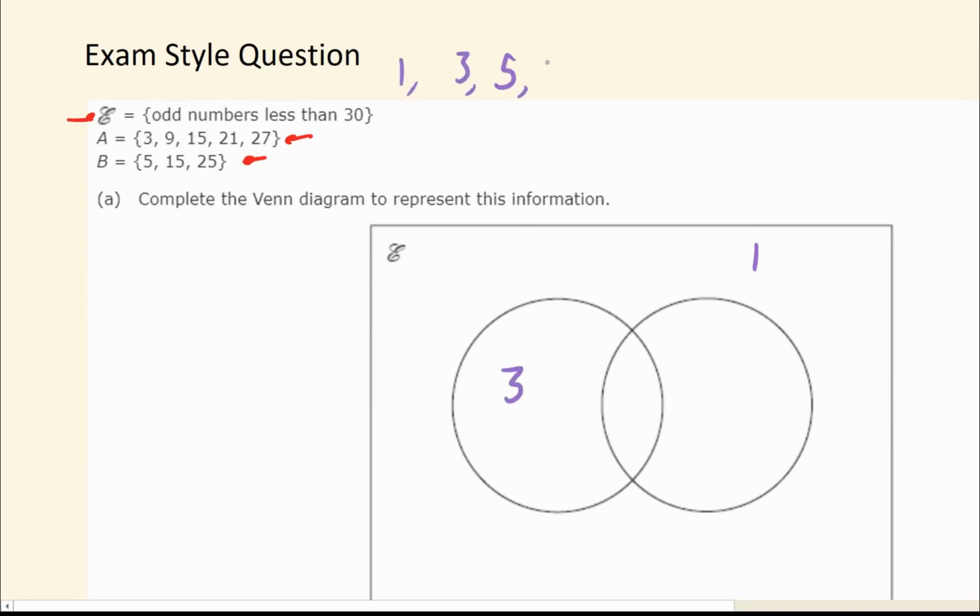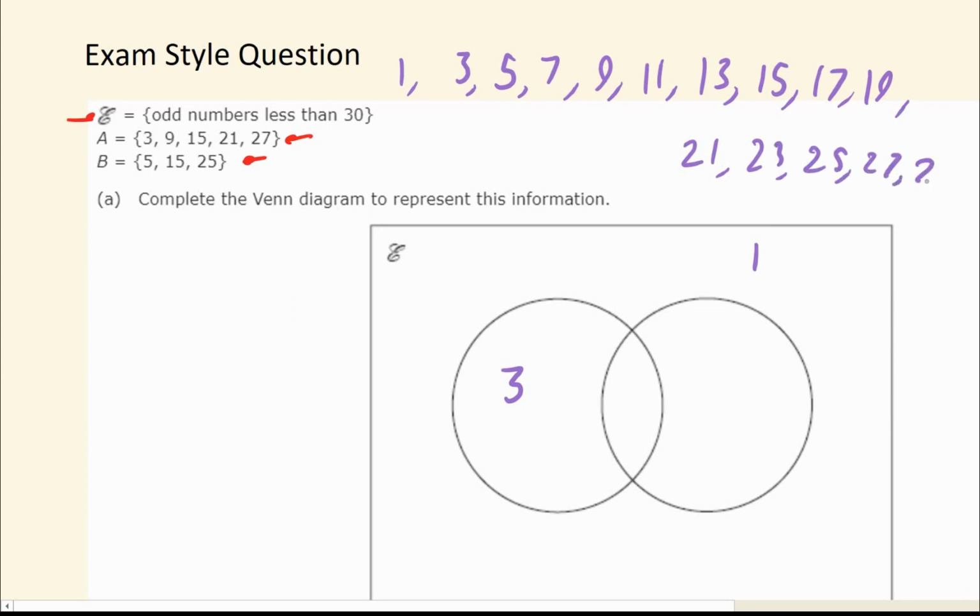So let's write down all the odd numbers from 1 to 30, just to be really methodical about how we're going to put them into our diagram. Okay, so we've already done 1 and 3, we can cross those off. Next 5 is in B. I should label this as well. I've then got 7, 7's not in either of them. I've then got 9, 9 is in A, and you just keep going.